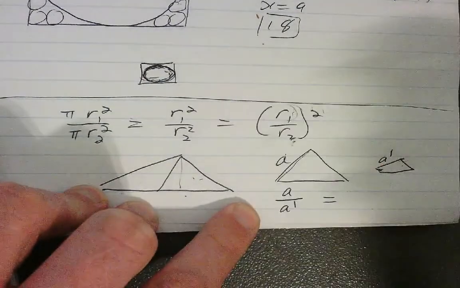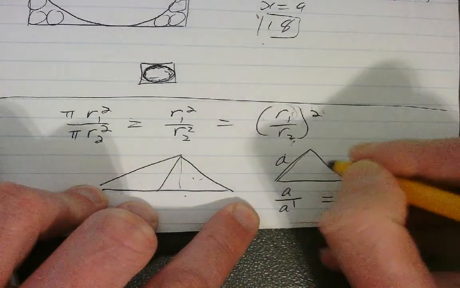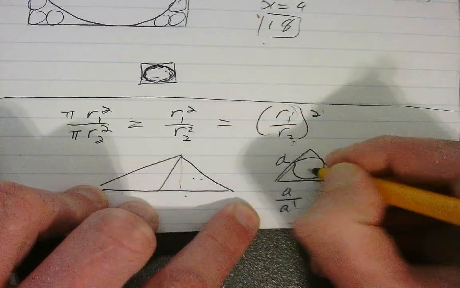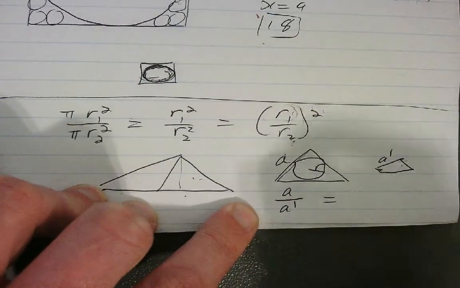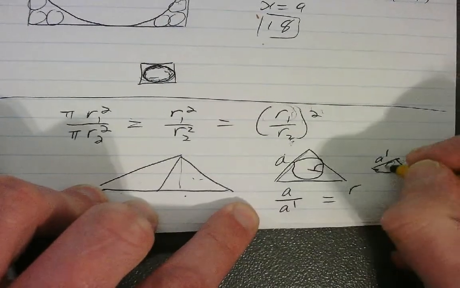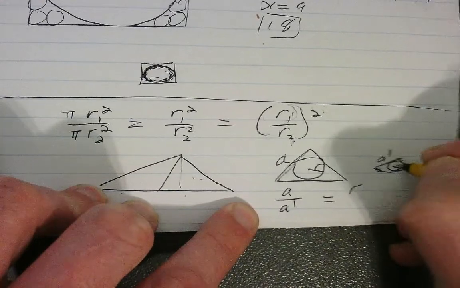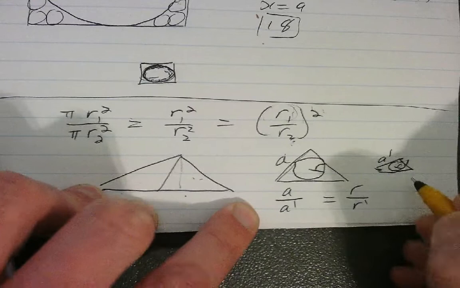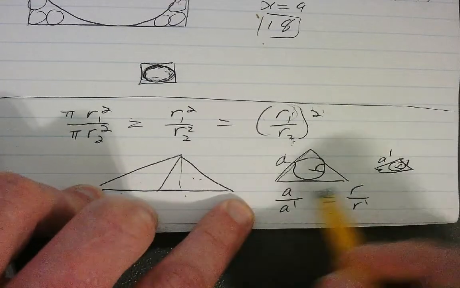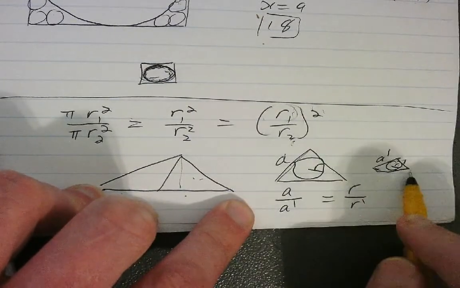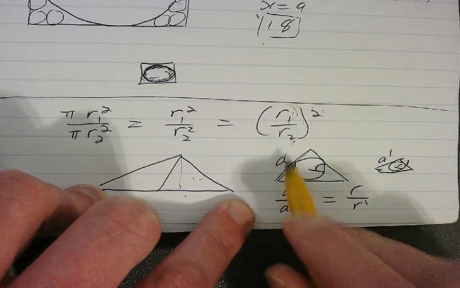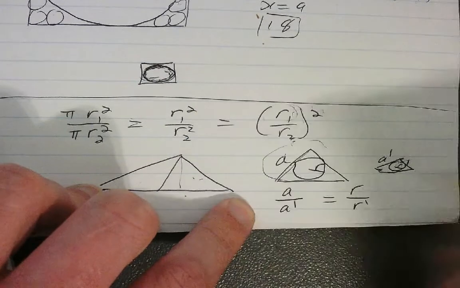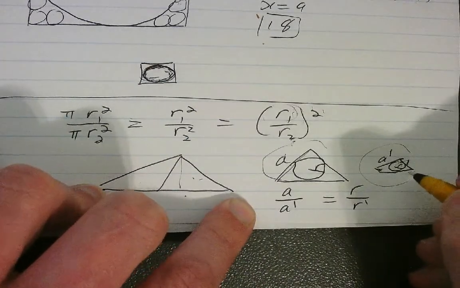This will be equal to any other length of this triangle, even the radius of the inscribed circle, divided by the corresponding length of that triangle. Basically, if these two are similar, then all ratios of lengths are preserved, because similarity just means that this is a bigger version of that.